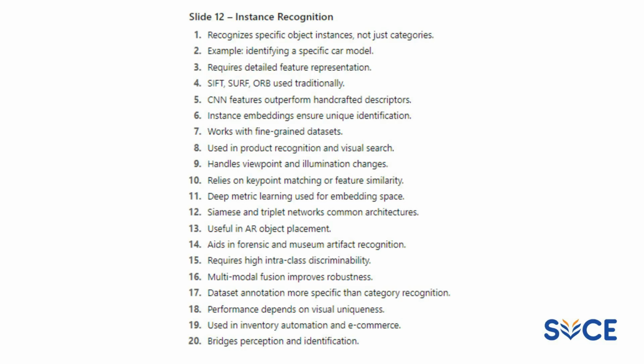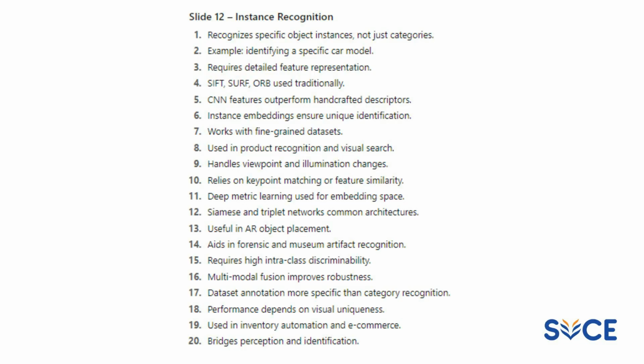Multimodal fusion improves the robustness. Instance recognition is more specific than category recognition. Its performance depends on visual uniqueness, and it is used in inventory automation and e-commerce. It also bridges perception and identification. So these are the topics we have covered under this.